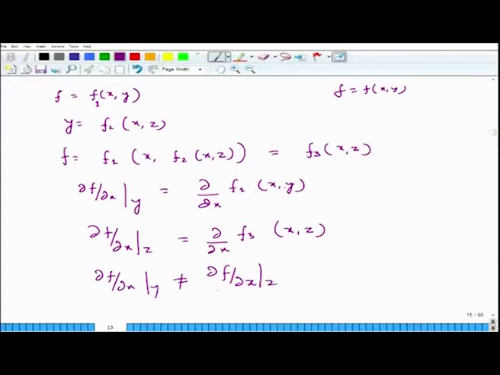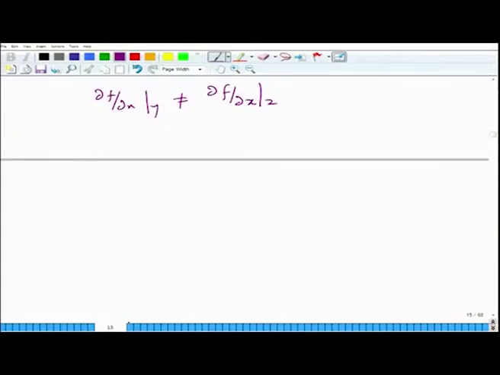So, what is the relation between these two? We are going to consider a differential of f, which can be written as del f by del x at constant z multiplied by dx plus del f by del z at x.